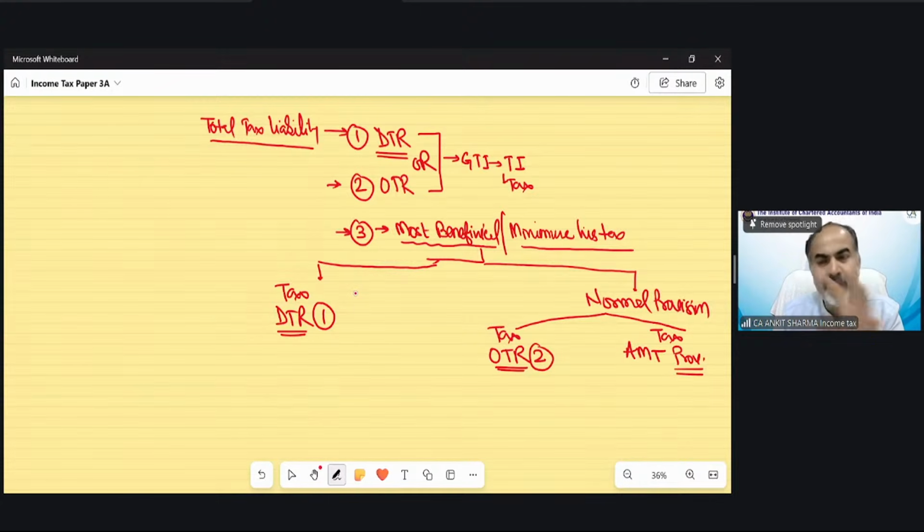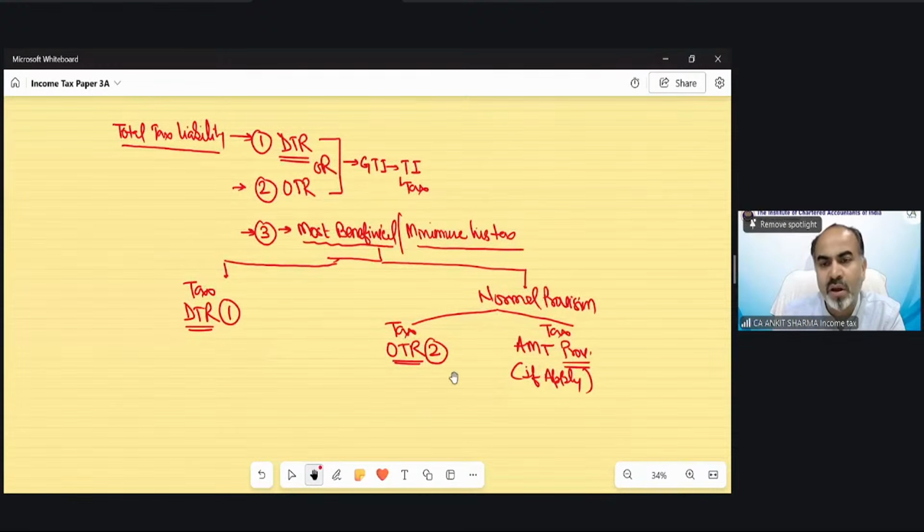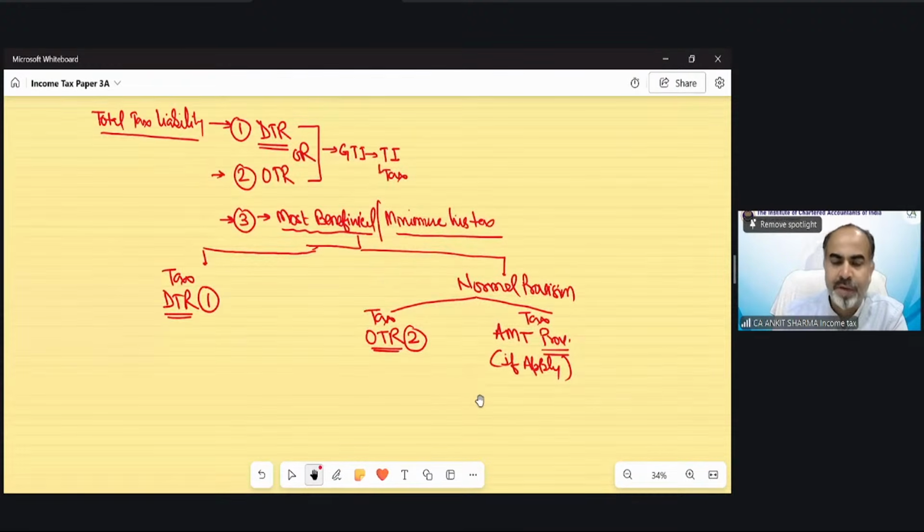For the time being, AMT is also a kind of calculation of tax. So you have to calculate tax a third time under the AMT provision if applicable. If in the question the AMT provision is applicable, then only you have to calculate tax for the AMT concept. When it is applied, etc., we will go through later. That would be tax 3.